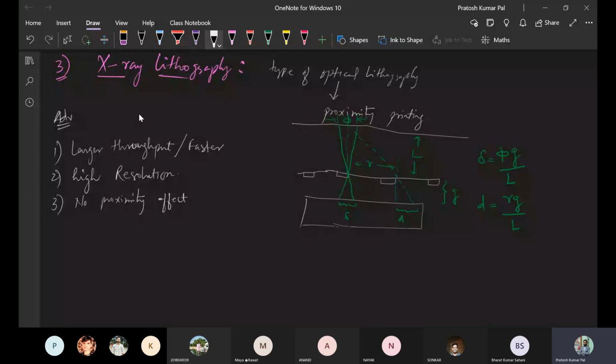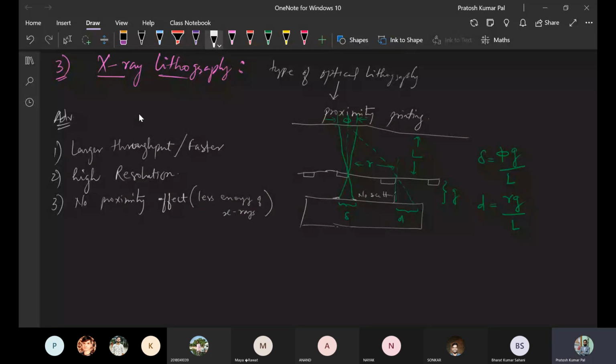As X-rays have less energy, once they fall on the semiconductor surface, they are not going to scatter. There is no scattering. As there is no scattering, there will be no proximity effect. So this is because of the lower energy of X-rays compared to electron beams.